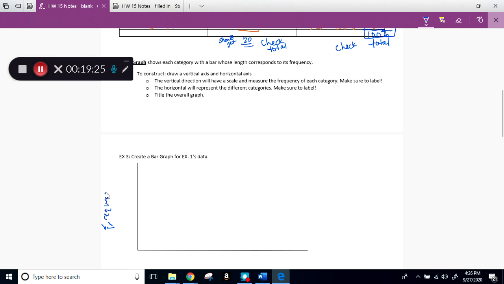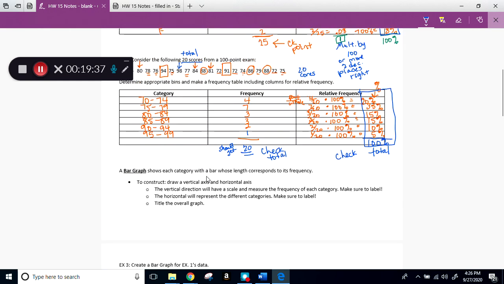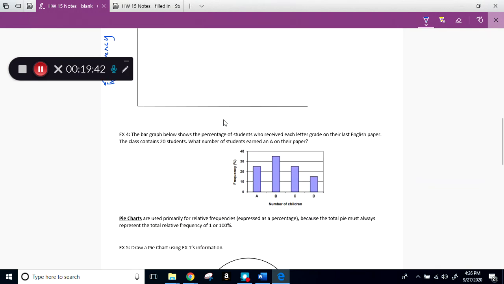I'll show you my other one that's already written on, that's a little bit nicer than me trying to write on this thing. And along the bottom here is going to be whatever else you're talking about. We're talking about the frequency of the grades, so grades would go along here.